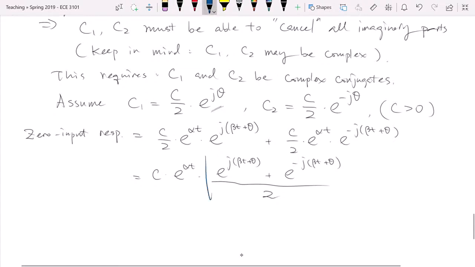Now, for this term, you can apply Euler's formula individually.